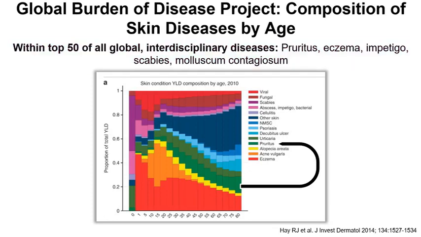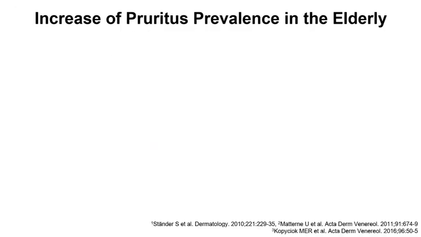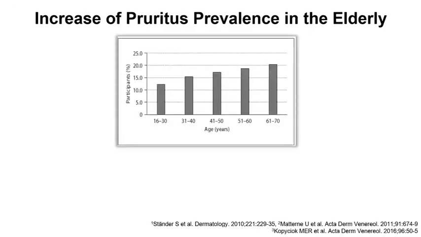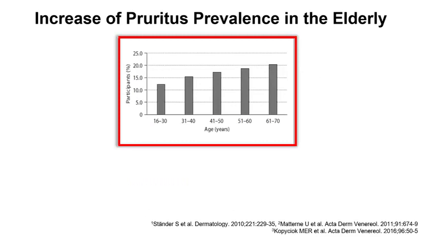And what you see here is that pruritus is increasing with age. This is also a result of prevalence studies. So with increasing age, we have increasing numbers of patients being affected by chronic pruritus.